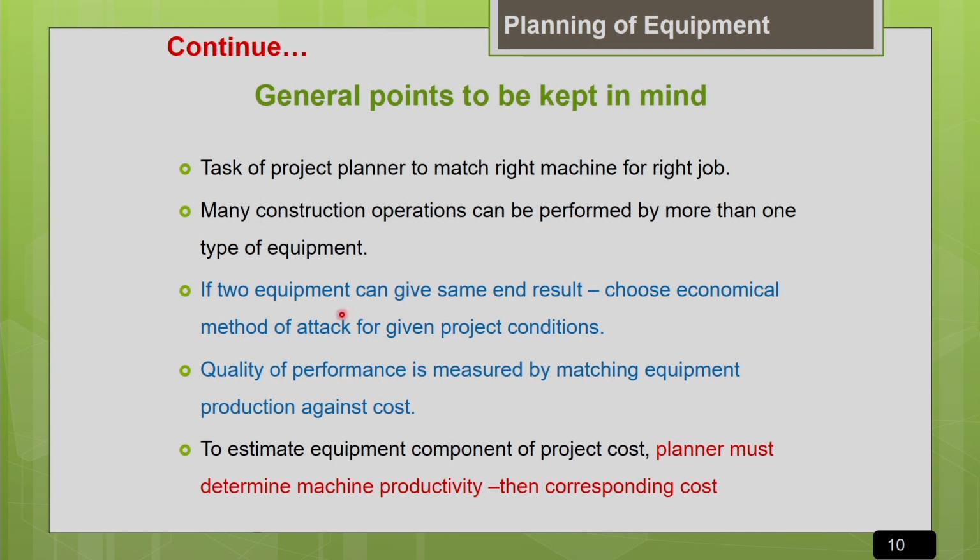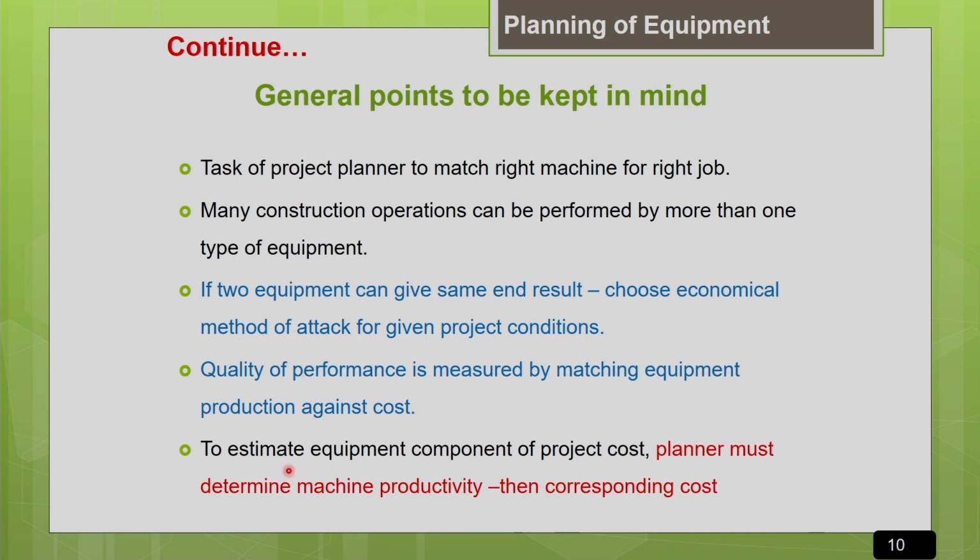The economical method of attack means whichever equipment or combination of equipment is going to give you the maximum productivity at the lowest possible cost, you have to select that particular option. The quality of performance is measured by matching the equipment production against the cost. So this is a basic guideline for making the decision of equipment selection, based on comparison of the productivity against the cost.